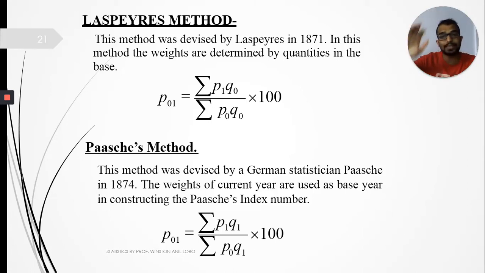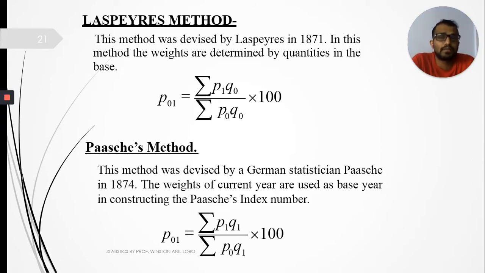In both price index number formulas, the weight is the quantity of the base year in Laspeyres, and the quantity of the current year in Paasche's.